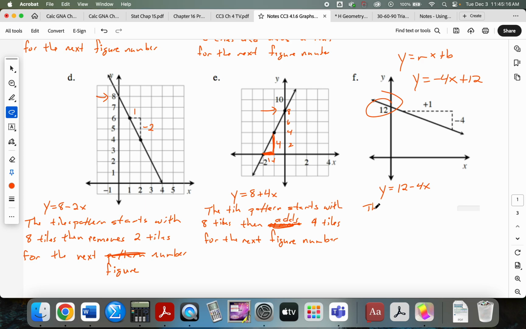So the pattern starts with 12 tiles and then removes 4 tiles for the next figure number.